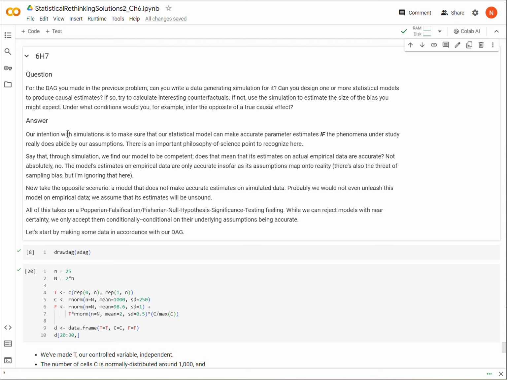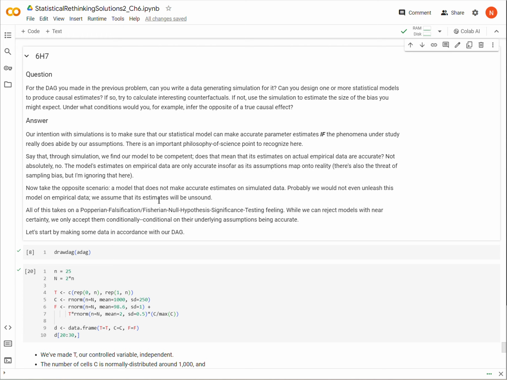Just because a model passes the test on the fake data does not necessarily mean that its outcomes when you employ it on empirical data are accurate. It's accurate insofar as you've made correct assumptions. Okay, that's a big thing.